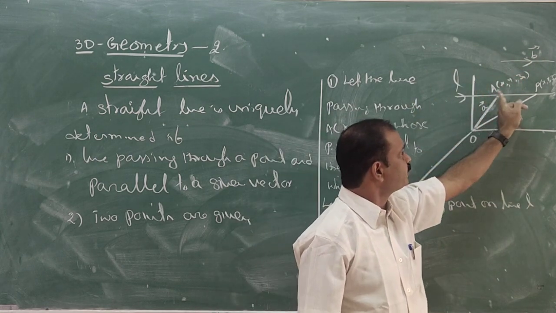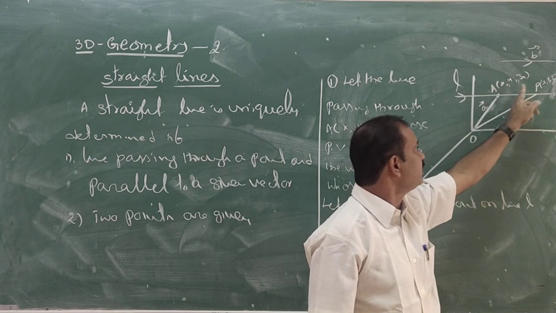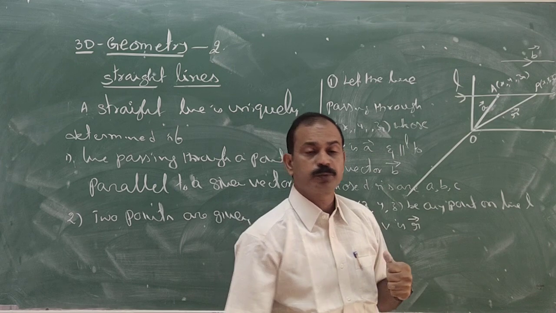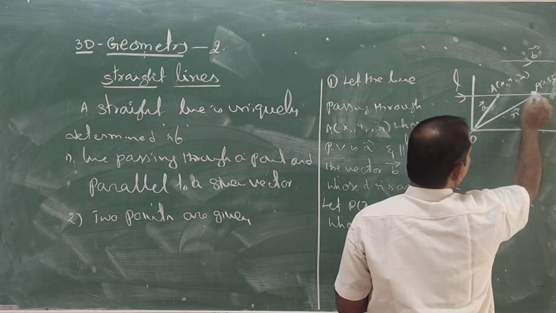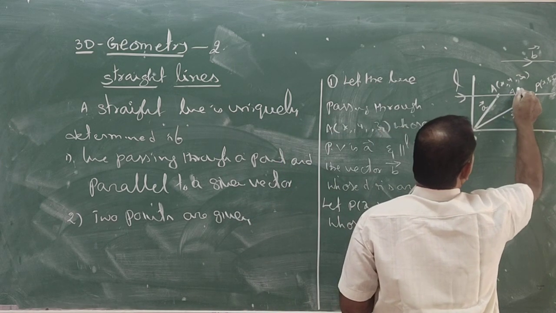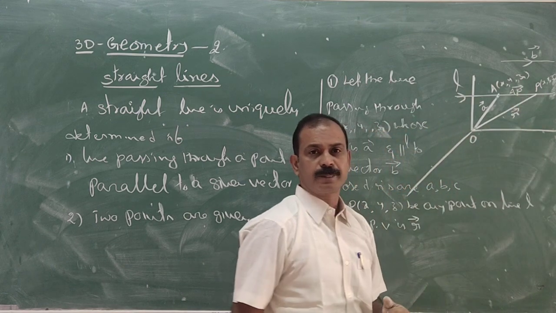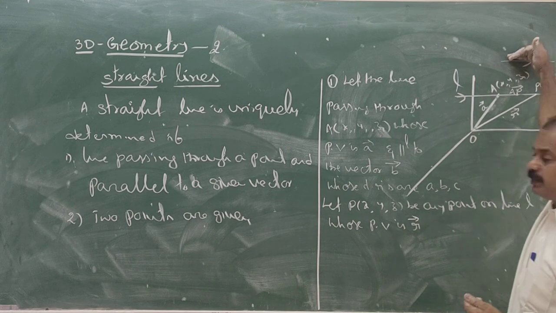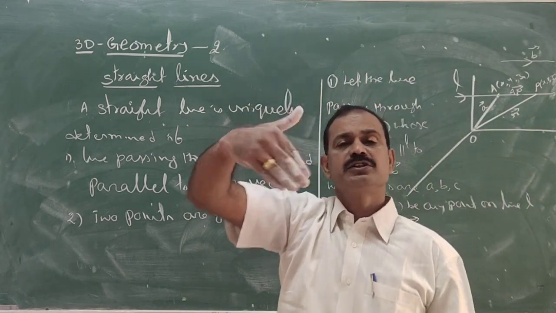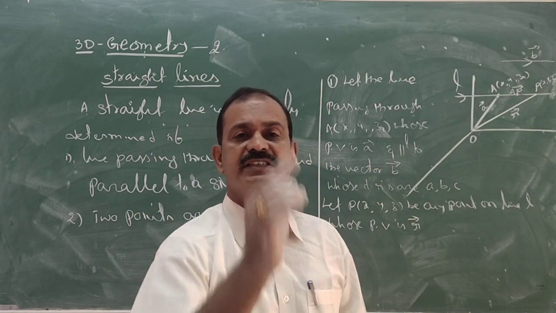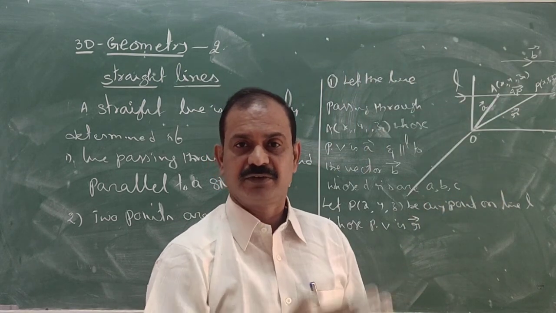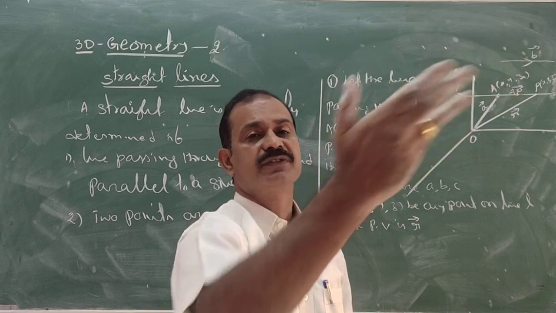When a line is passing through two points, you know how to find the vector passing through the two points. Therefore, the vector passing through the two points is AP. Now the vector AP is parallel to vector B. When a vector is parallel to another vector, we write the first vector as lambda times the other vector.